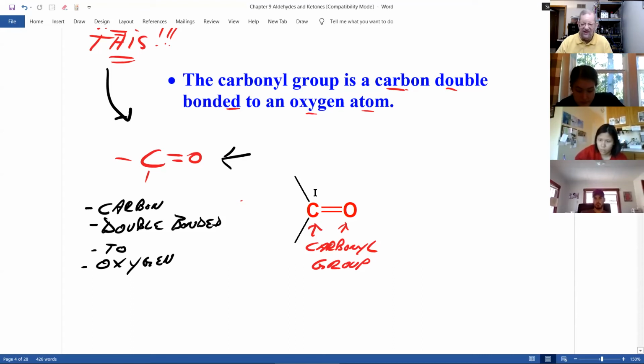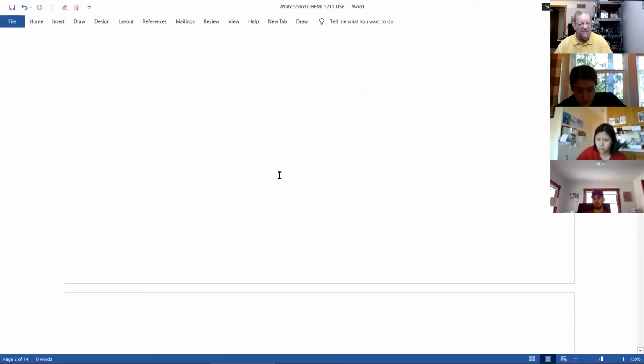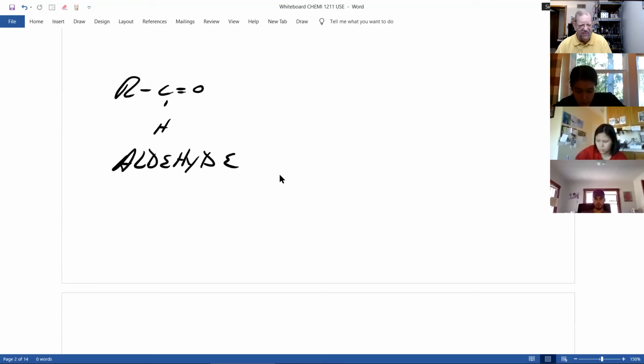And if you look at a ketone and an aldehyde, let's look at an aldehyde. Let me go to my whiteboard. If you notice, a ketone and an aldehyde have a carbonyl group in them.